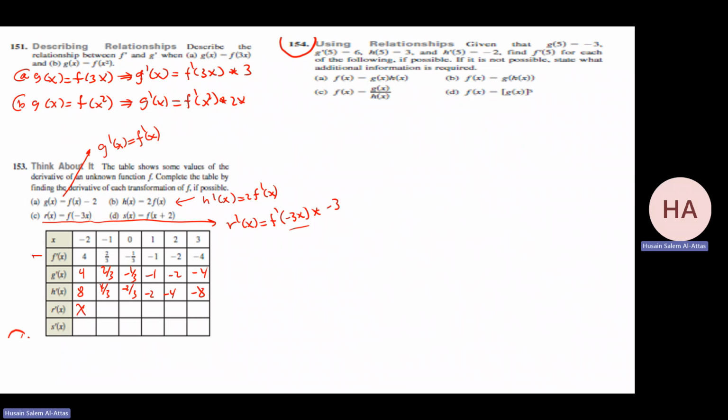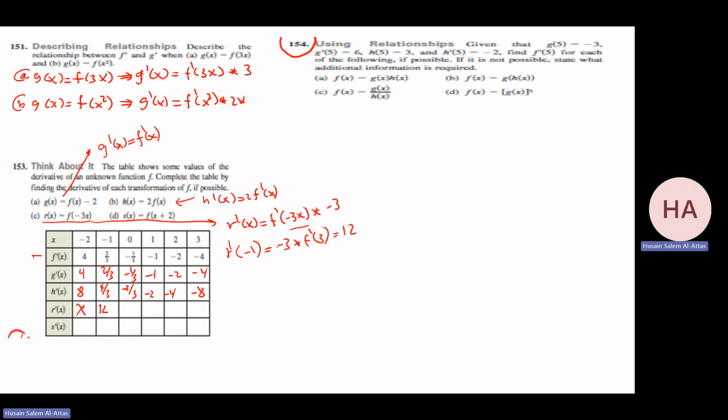So this I cannot find. For r prime at -1, I need f prime at 3, which is there. So this we can find. And r prime of -1 will be -3 times f prime at 3. F prime at 3 is -4, so that will be 12.